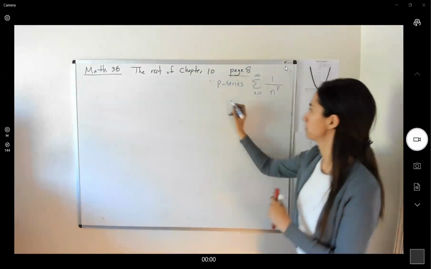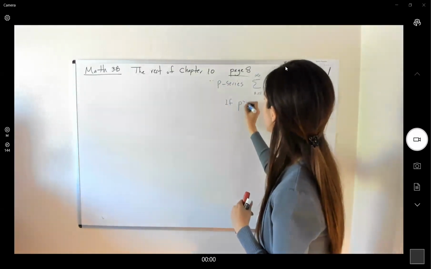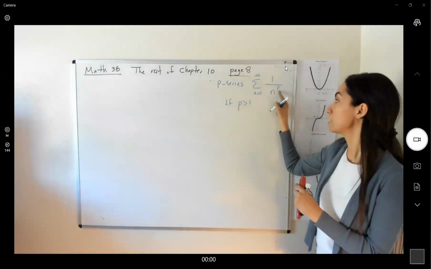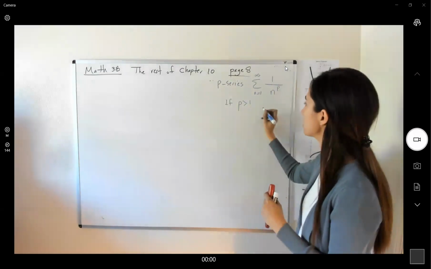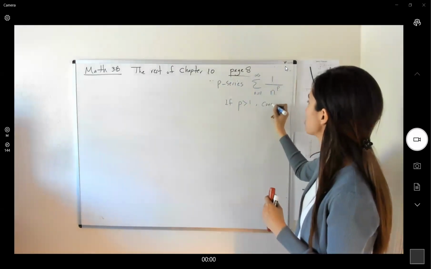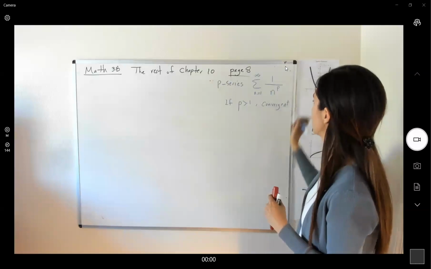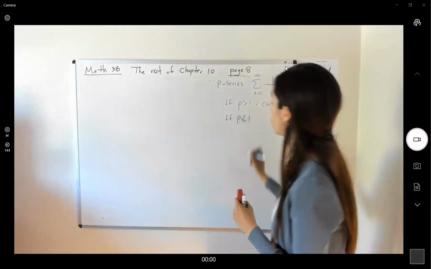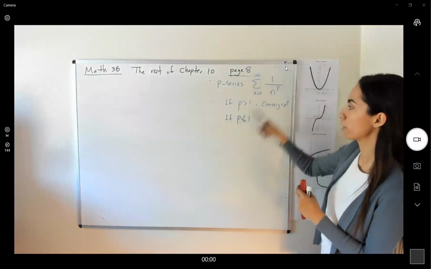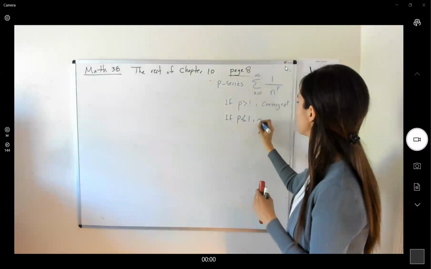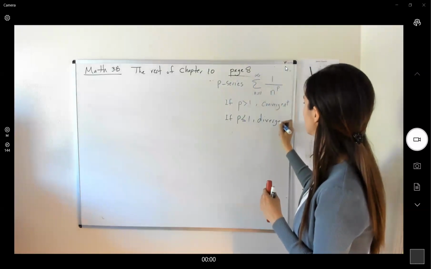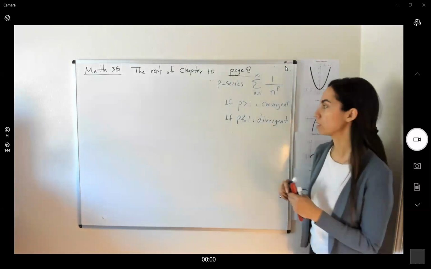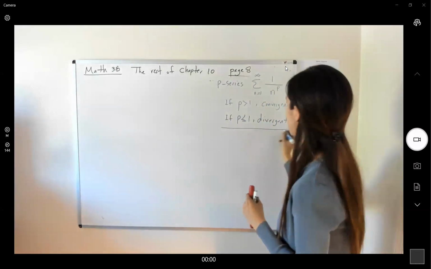If p is a number greater than 1, guys, p as the exponent, then we have a convergent series. And if p is less than or equal to 1, if your exponent is less than or equal to 1, then you have a divergent series. We can check this using the integral theorem or integral test.